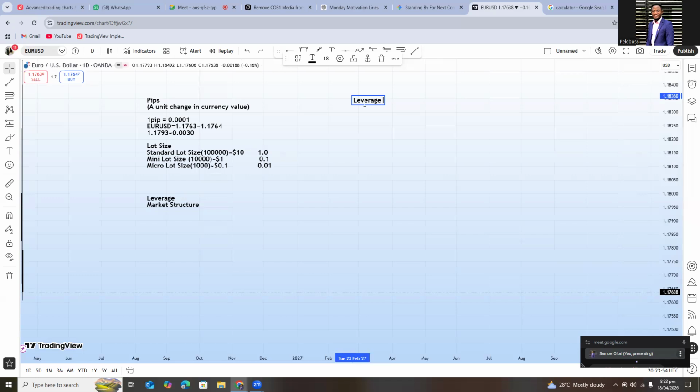So leverage, I said that it amplifies your buying power, or it gives you more buying power. So this is the thing. Because the currency prices, the change is very small. Look at it. We are saying that the pip value is equal to this, which means if you are to enter the market and the market moved by a pip, it is just equal to this.